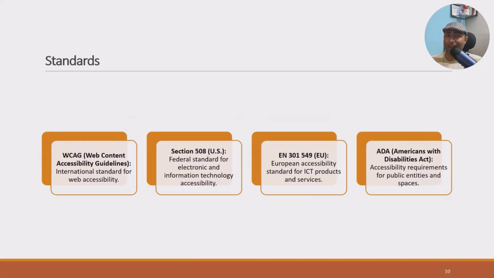For example, US Section 508, which is the Federal Standard for Electronic and Information Technology Accessibility. EN 301 549 is for the European region, the European Accessibility Standard for ICT products. ADA, the Americans with Disabilities Act, which means accessibility requirements for public entities and spaces.